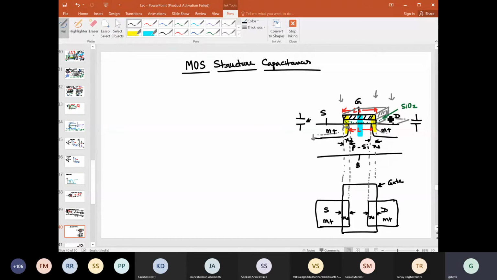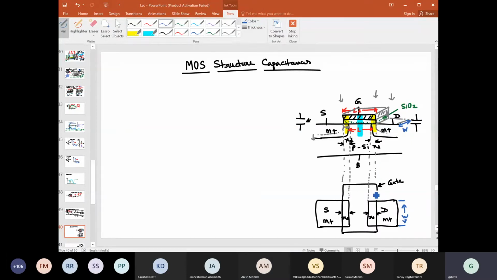Here tell me, if I have to show the width, where should I show the width? Width of the transistor, this is L. Where is the width? Into the screen. Is it not the width? Yes, right. So in the top view also we can say the width is here.